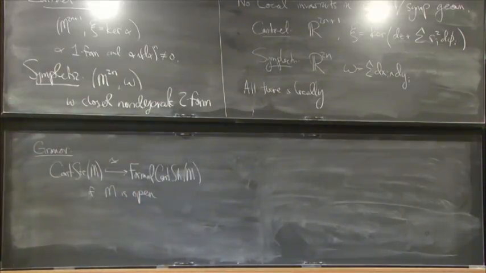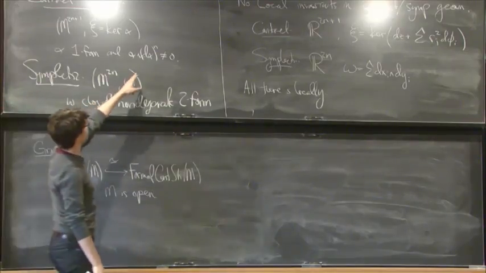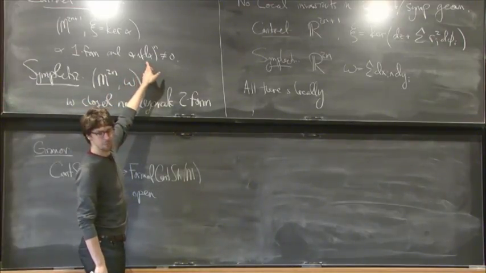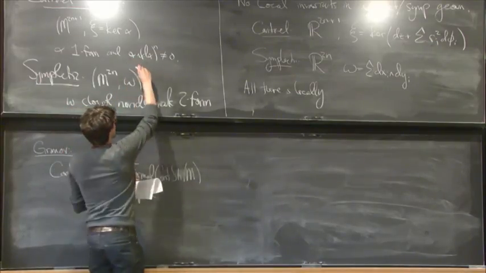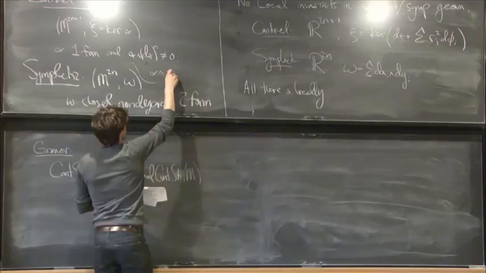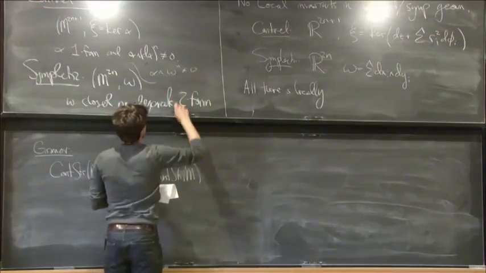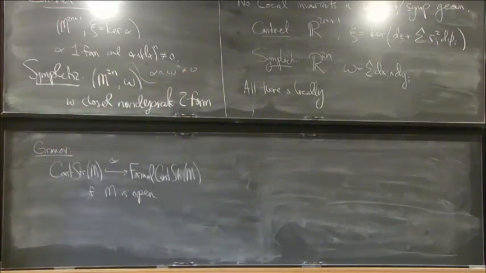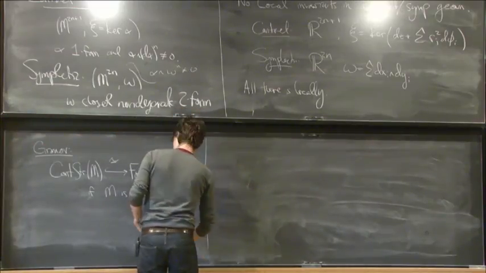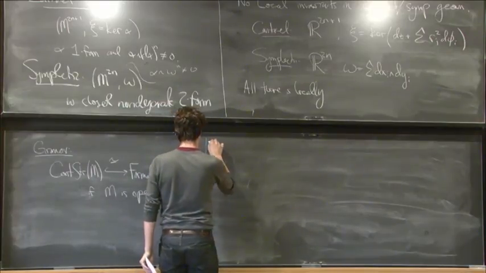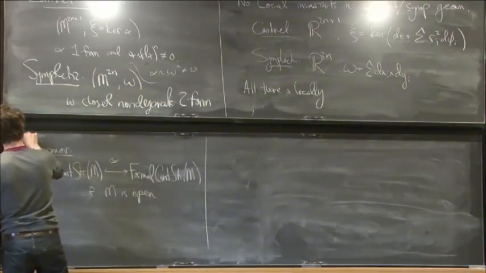A formal contact structure, just like a formal immersion, is where you replace d alpha with just some 2-form, and if you can solve alpha wedge omega to the n nonvanishing for some 2-form omega, that's a formal contact structure. However, we have rigidity. So this is flexible.